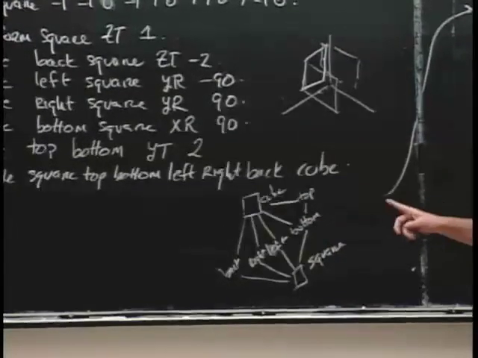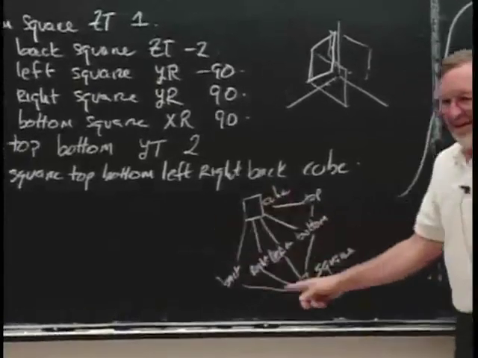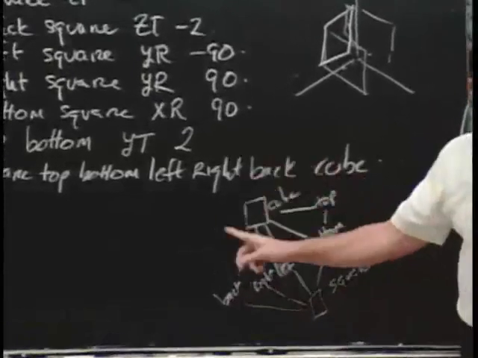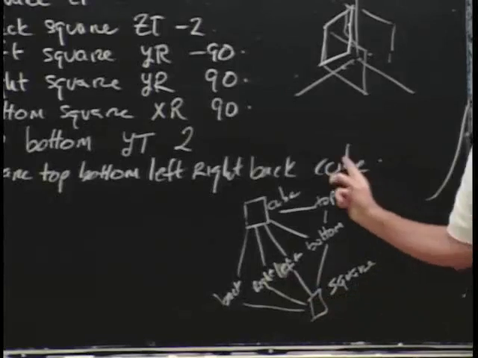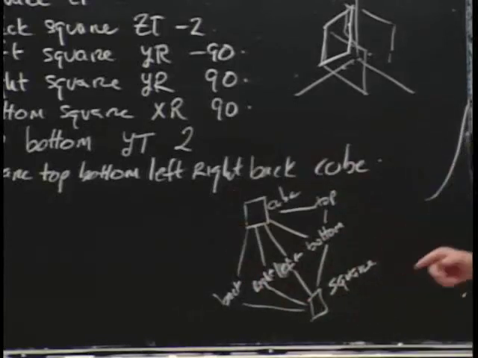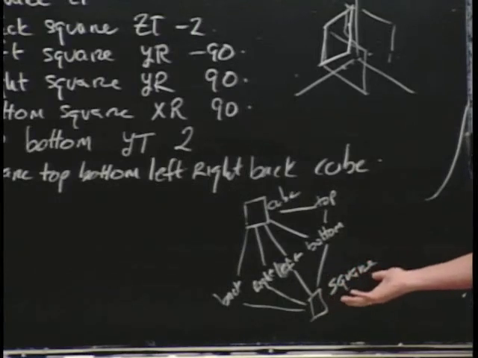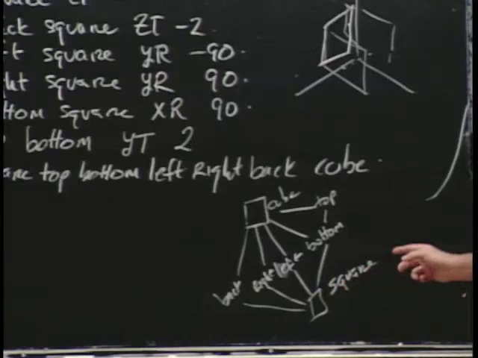And you can kind of see that this is a graph, a directed graph. It kind of looks like we associate these things sometimes with a tree. It almost looks like a tree if I duplicate square a whole bunch of times down here at the bottom.